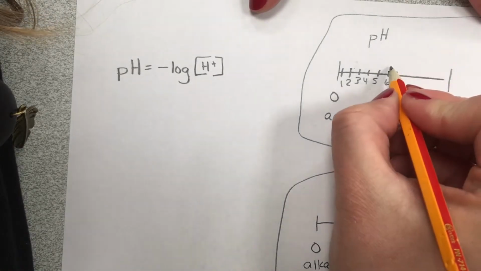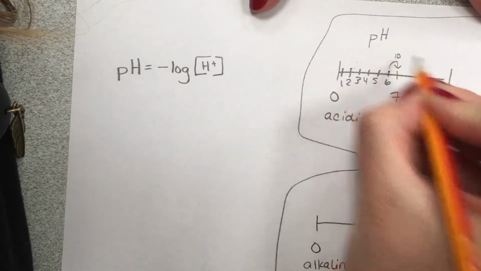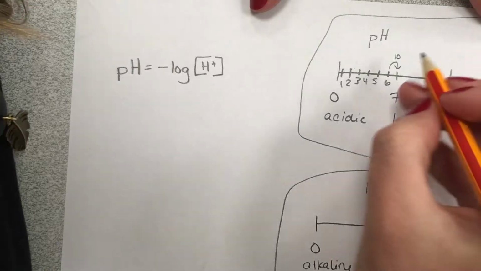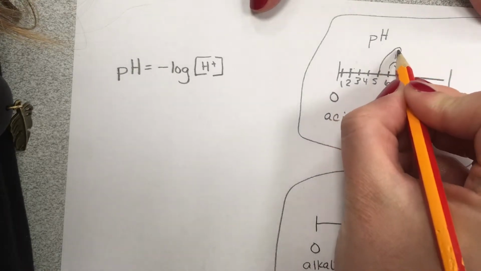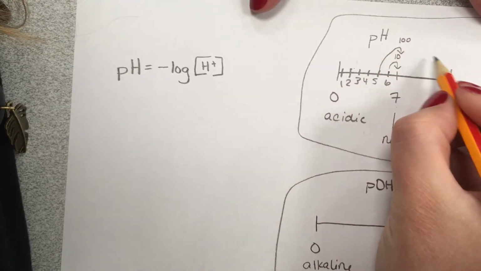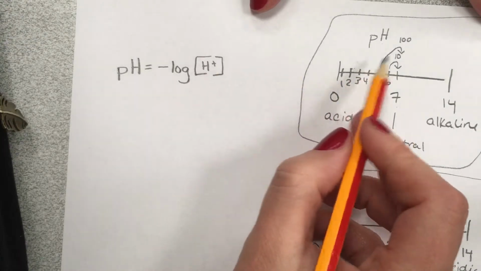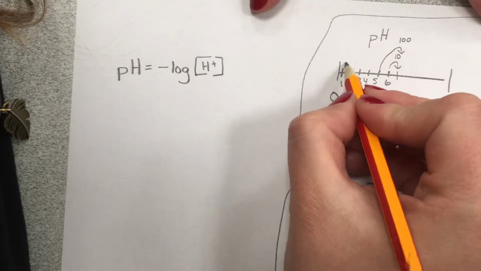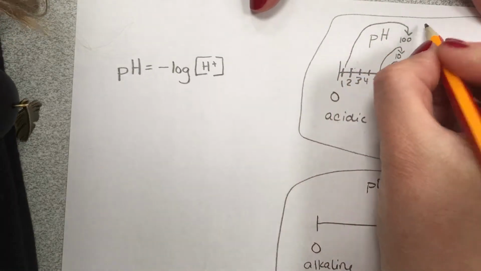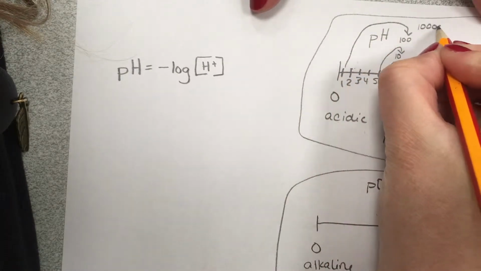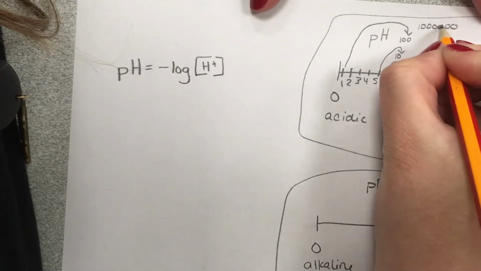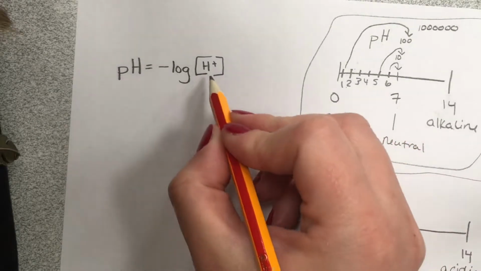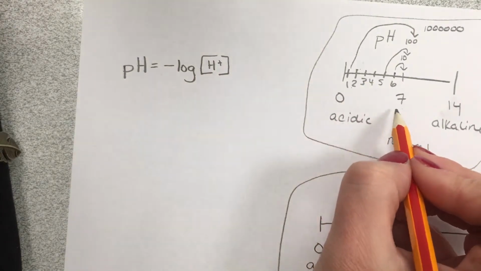So a pH of 6 will have 10 times more hydrogen ions than a pH of 7. And 5 will have 100 times more hydrogen ions than a pH of 7. It keeps going up until a pH of 1, which will have 1 million times more hydrogen ions than a pH of 7.